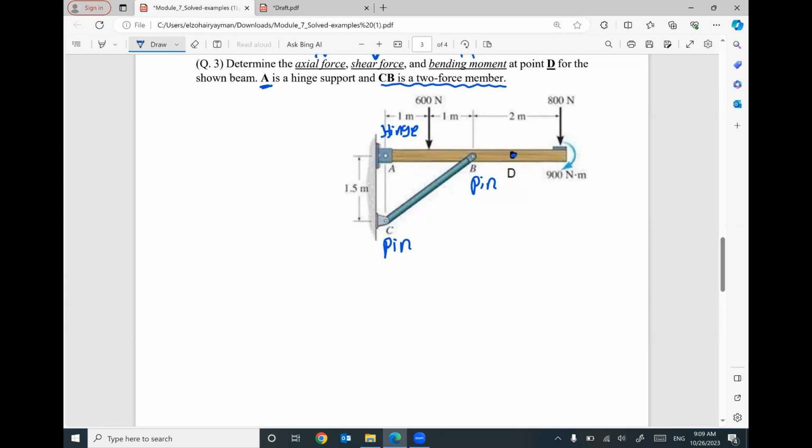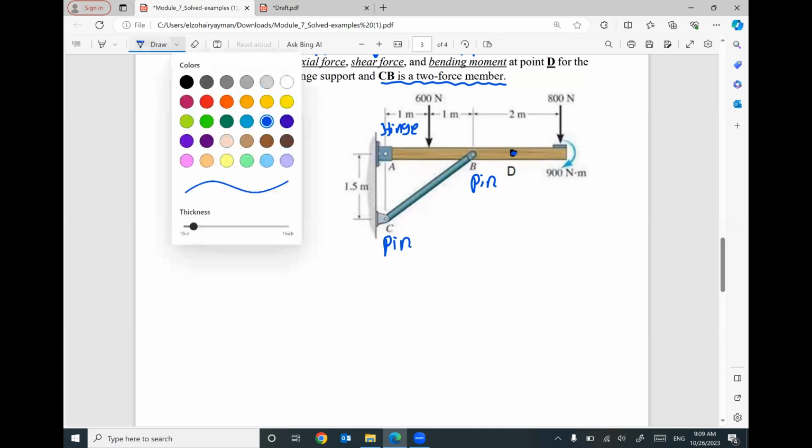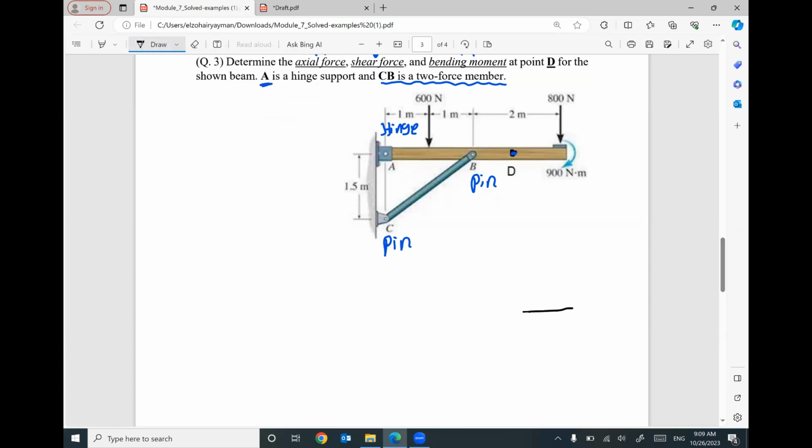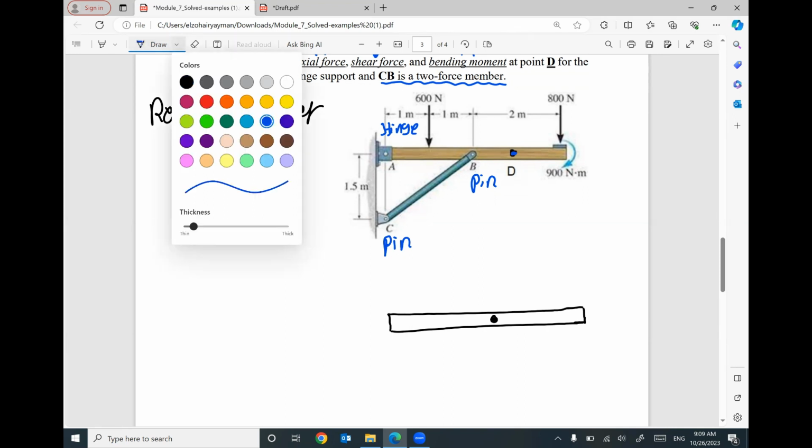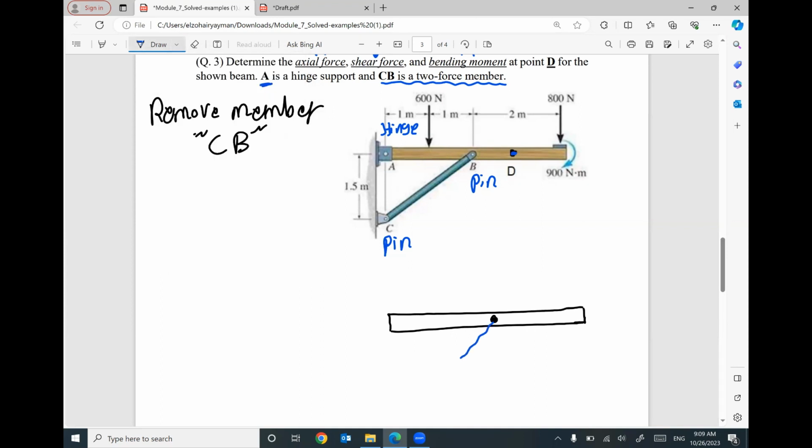If you would like to start to figure out the reactions for this kind of problem, I will remove the member CB, which is a two-force member. Forget it. And then I will put a reaction at B in the same direction of this member.